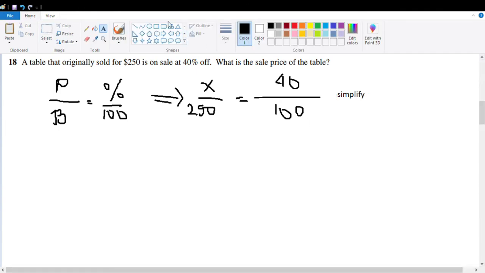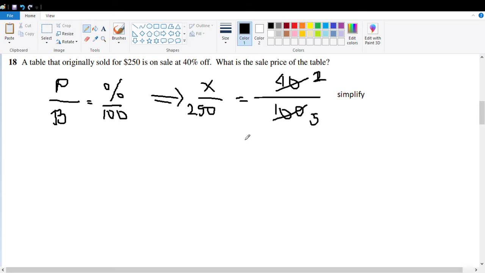And if you simplify, you're going to get 2 over 5. Common factor of 40 and 100 is 20. 40 divided by 20 is 2, and 100 divided by 20 is 5. Okay, just in case you don't know what number I simplified things with, it's 20.